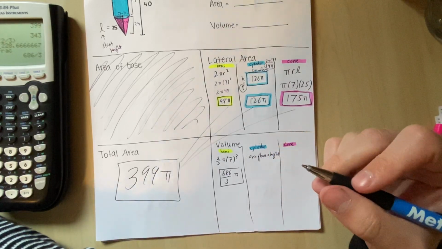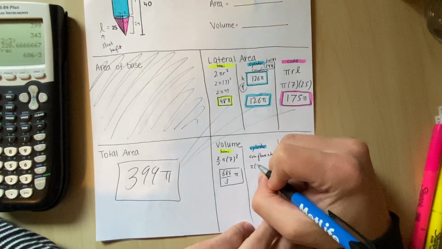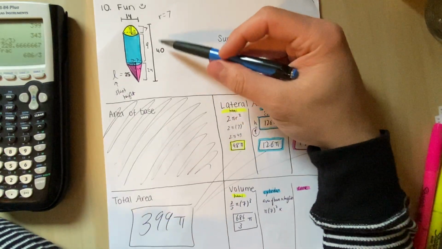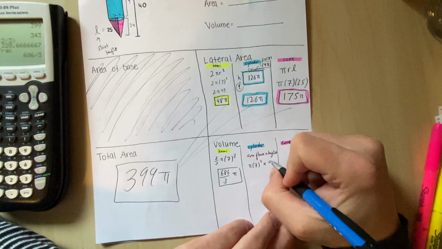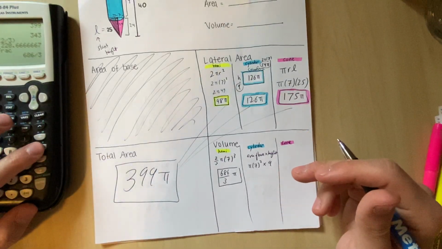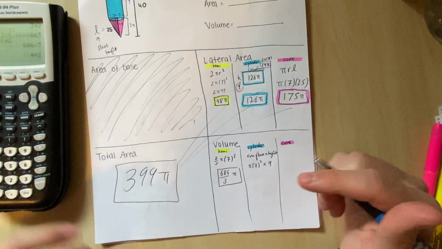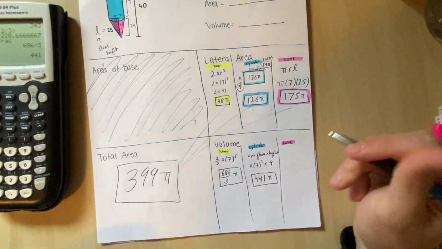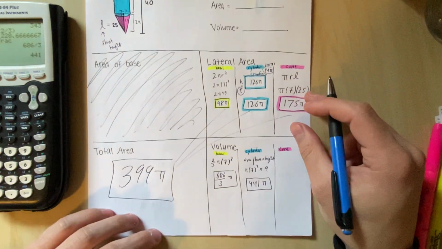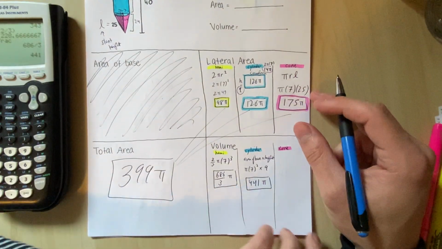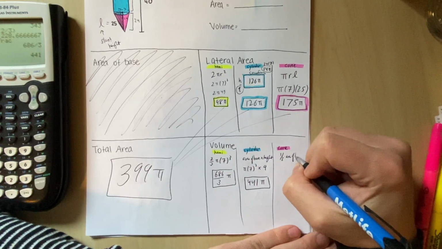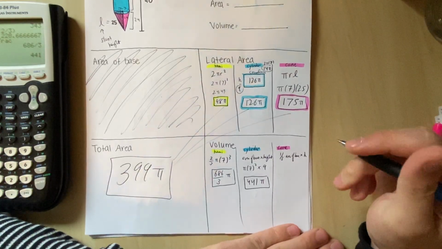The area of the base of a cylinder is pi r squared. The height of the cylinder was 9. So 49 times 9 is 441 pi. And the cone, the volume of a cone was 1/3 area of base times height.